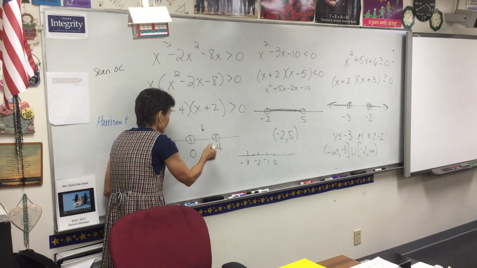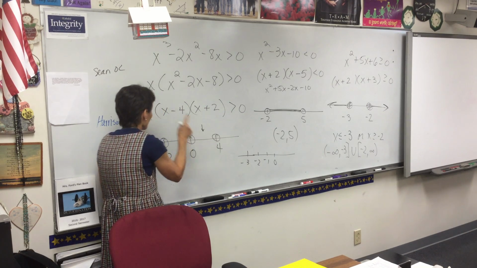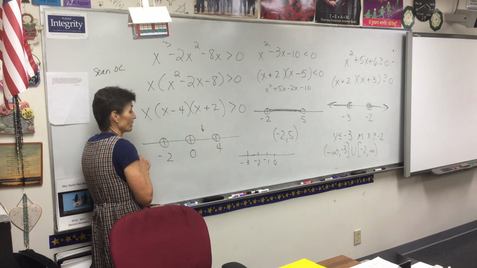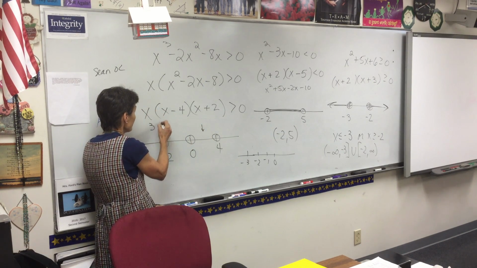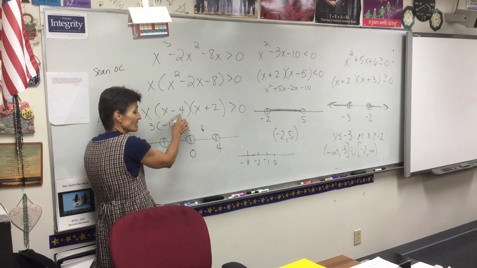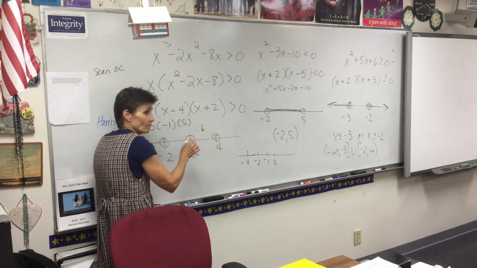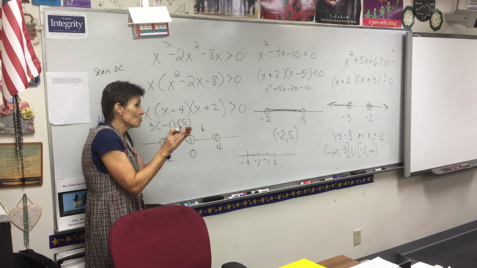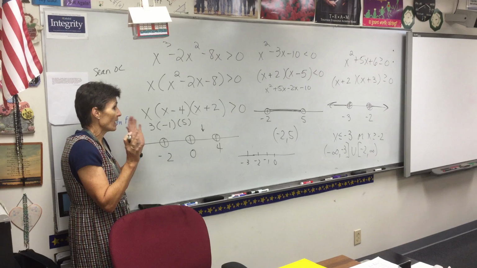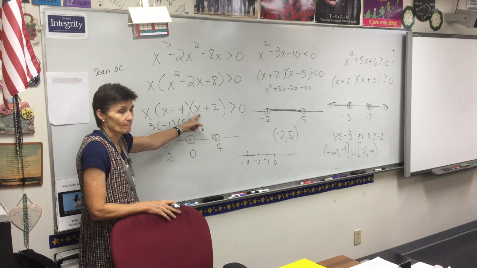We're going to figure out whether we're going to shade this area or not. And we're going to figure it out by putting the number 3 into the equation. So we would have 3 times negative 1, 3 minus 4, times 5, 3 plus 2. So you pick whatever number you want, doesn't matter, he picked 3, that's fine, and you plug it into your factors.